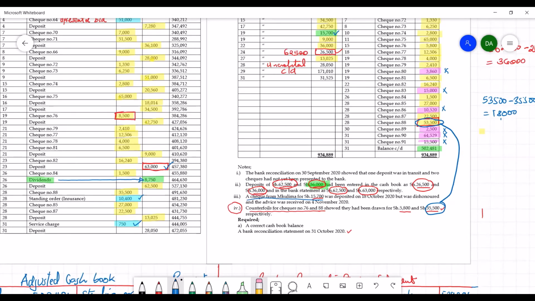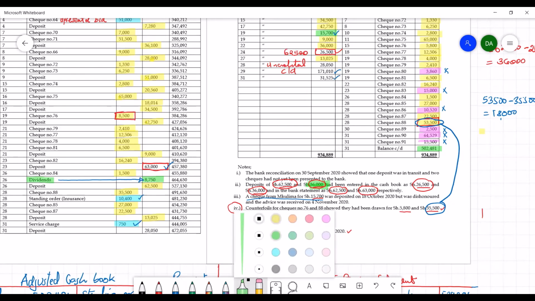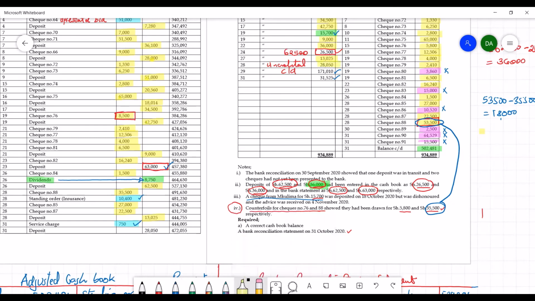So there are uncredited deposits, which are 2, as you can see. And the other deposit here we had found, this deposit here is found here. So we have only 2 uncredited deposits.